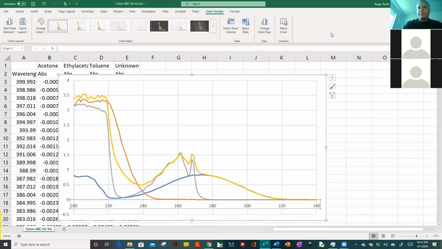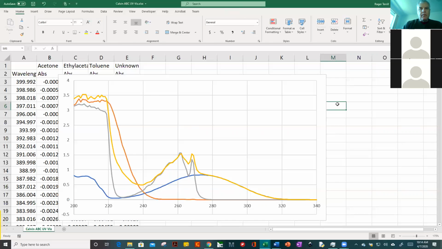So this is sort of an interesting set of experiments here, because it shows off a number of interesting issues with UV-Vis.